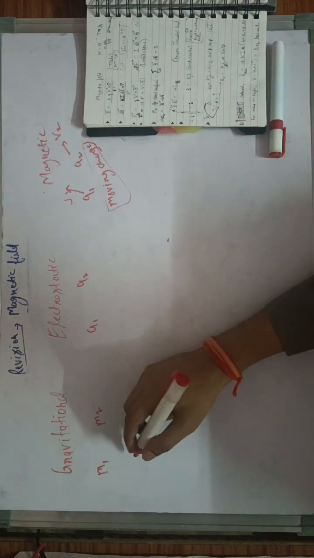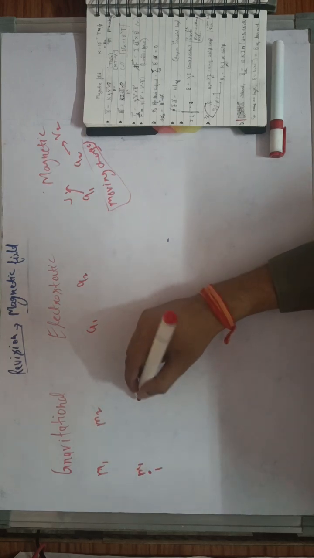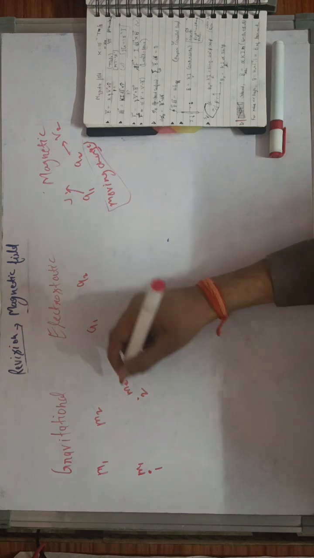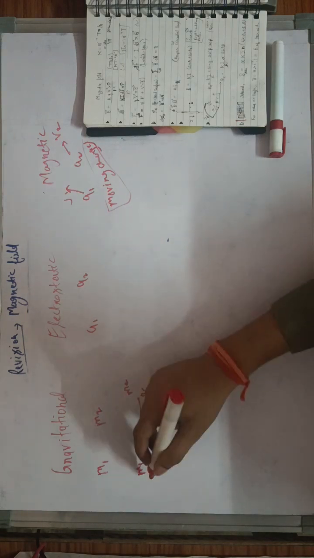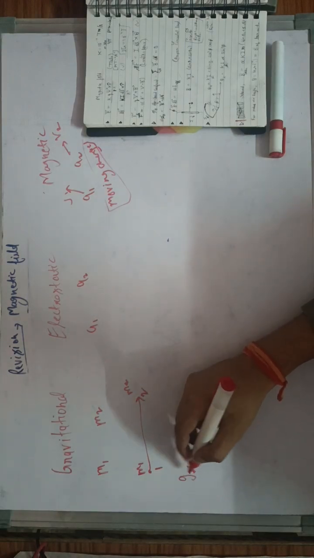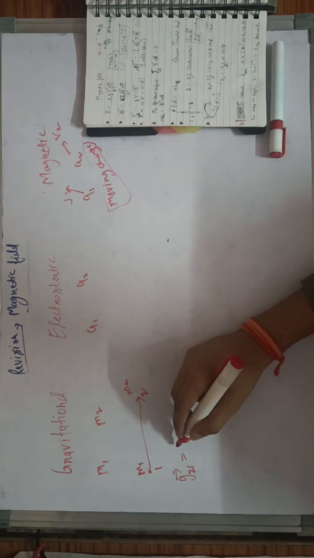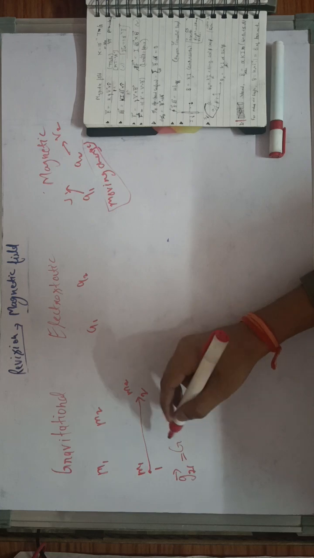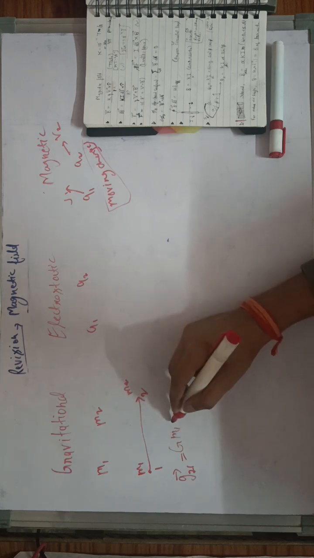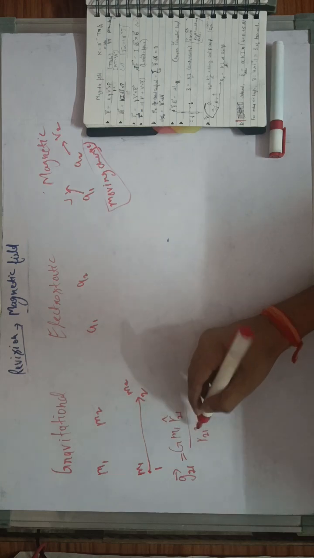In case of gravitation, let's say there is a mass m1 at point 1, and at point 2 there is mass m2. Then the gravitational field due to this mass m1 at point 2, g21, is given by G into mass m1 into the vector r21 cap divided by r21 square.